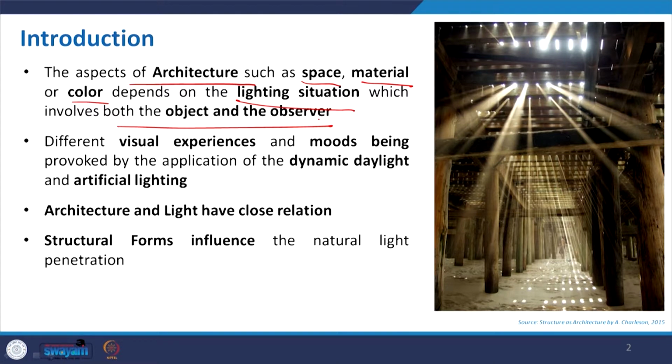Next, different visual experiences and moods are provoked by the application of dynamic daylight and artificial lighting, and definitely this has a relation with your visual experience. Say if it is too glary, if too much light is coming in on a summer day, we feel a little warm, whereas a very dim light and a very shallow opening will give a sense of something very close and dense. This is related to daylight.